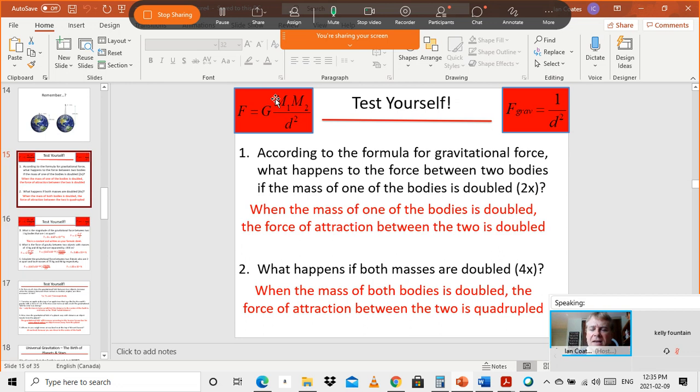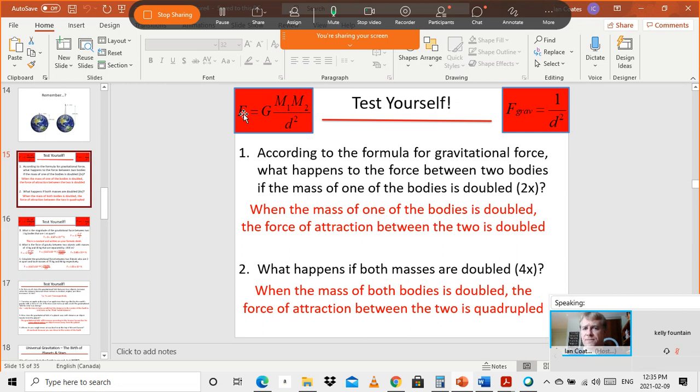If you double the mass of M1, you're increasing your numerator, making the number bigger. So if you increase the mass, you're increasing the force.